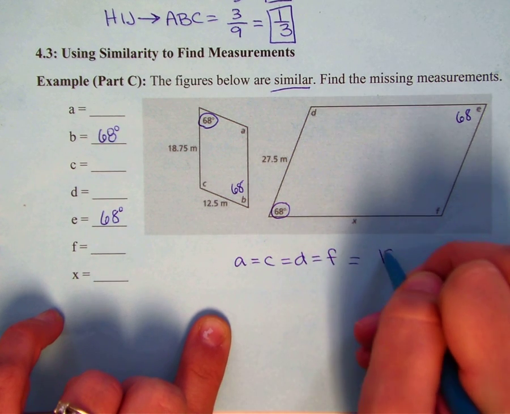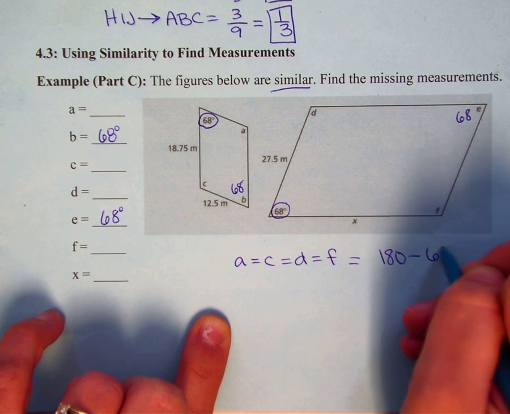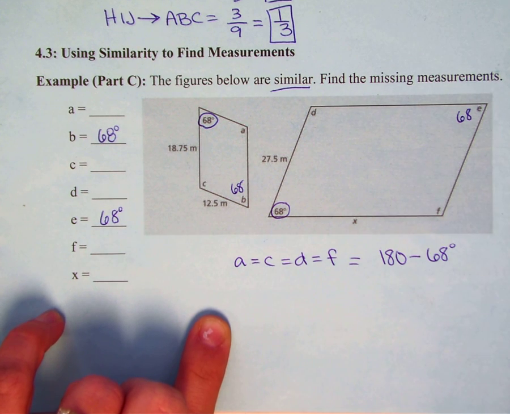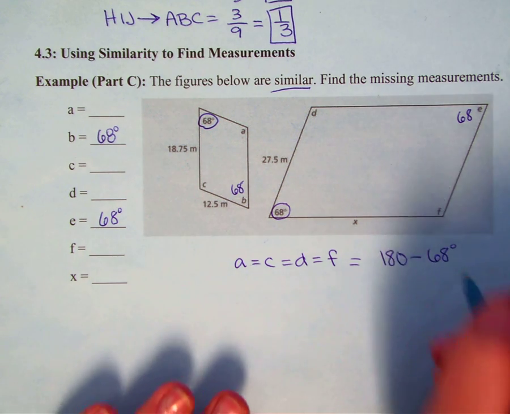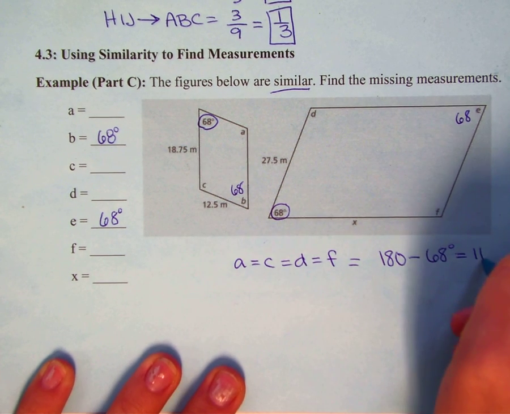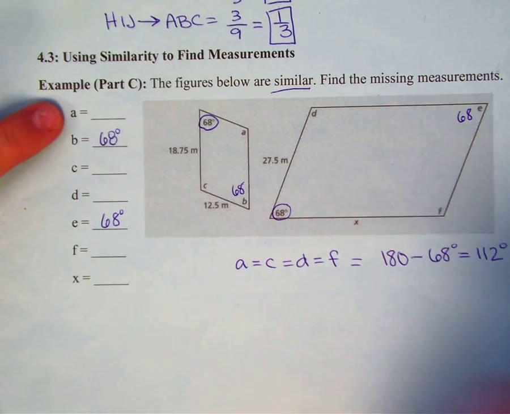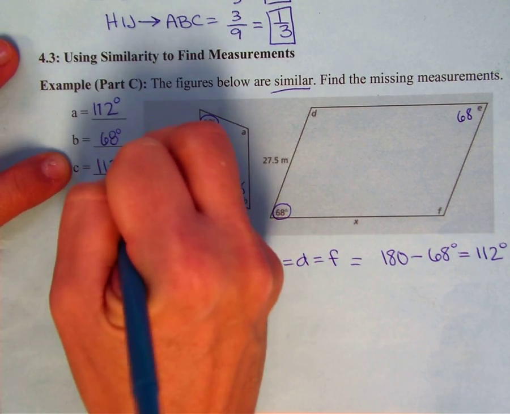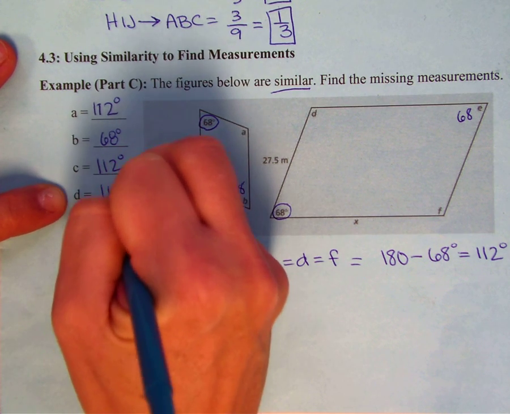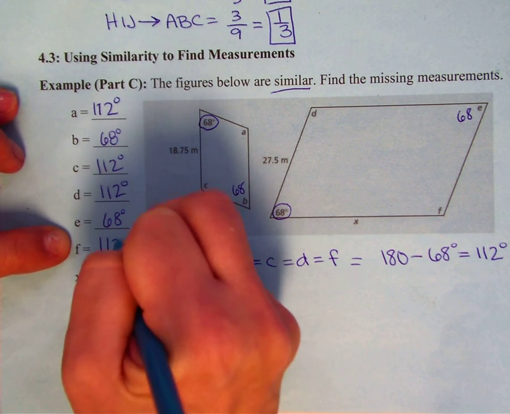All we do is take 180 and subtract the 68 to figure out those angles. So 180 take away 68 would leave us with 112 degrees. So that's how big A, C, D, and F all are.